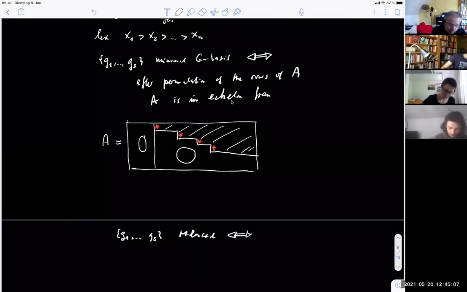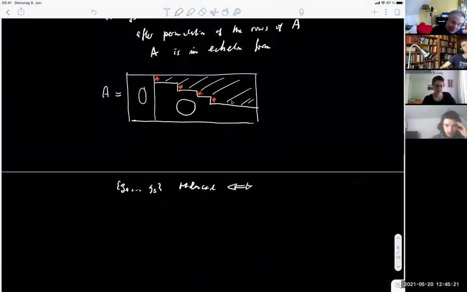So what do you think? What will that be? An uneducated guess would be if A is in reduced echelon form.